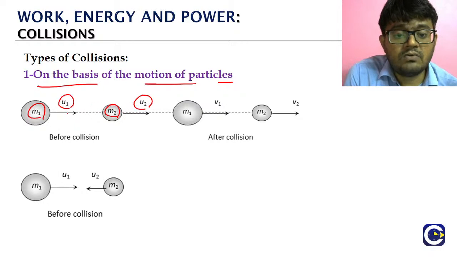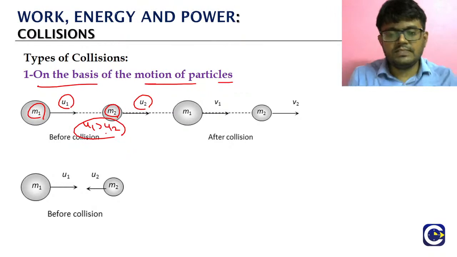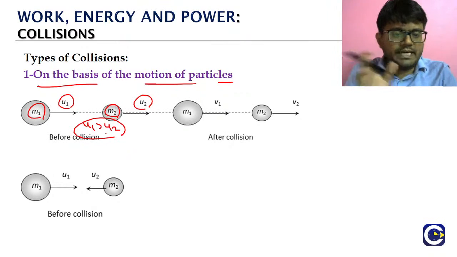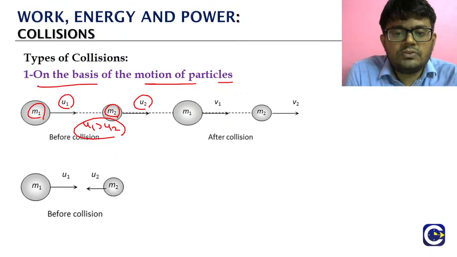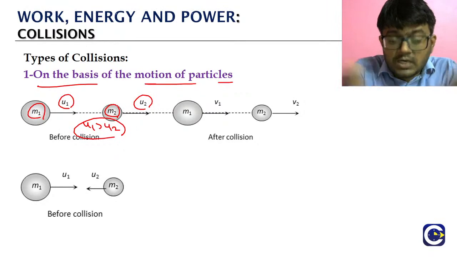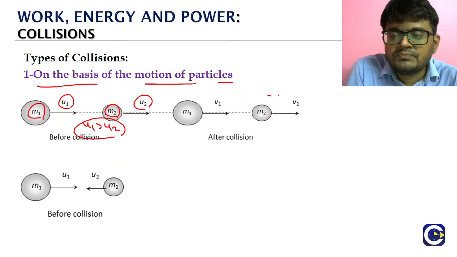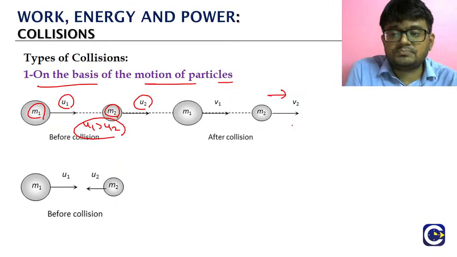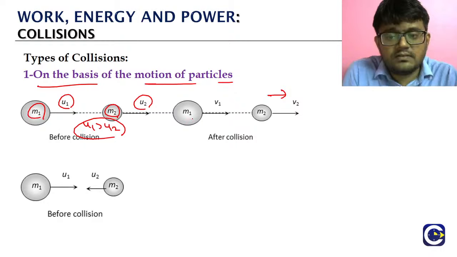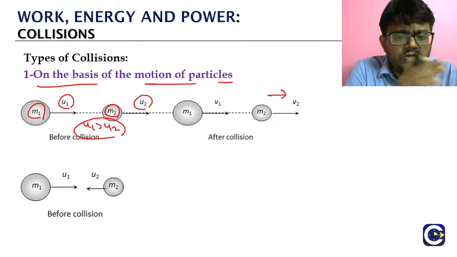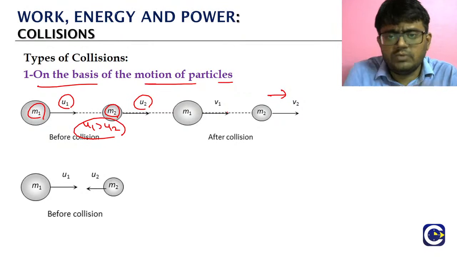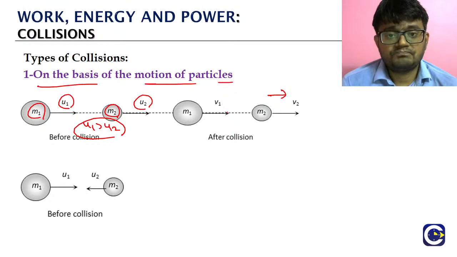If u1 is more than u2, m1 is coming faster and eventually they will collide. After the collision, m2 will go with a higher speed in comparison to m1. Here, all the velocities u1, u2, v1, v2 are present along the same line.